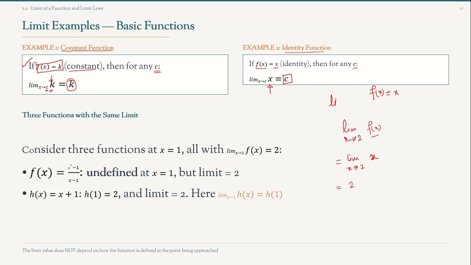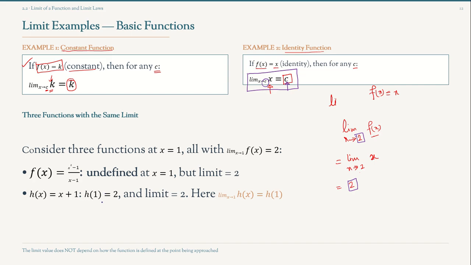It means we have 2, so the limiting value is also 2. That is the example of this. So we have c, so the limiting value is c, since f of x is an identity function.